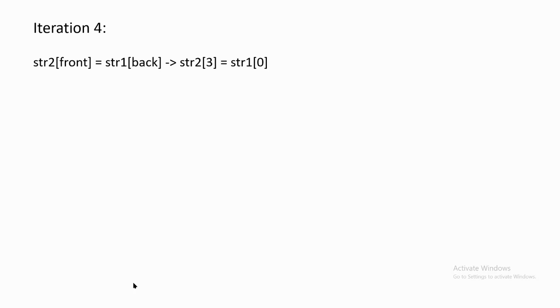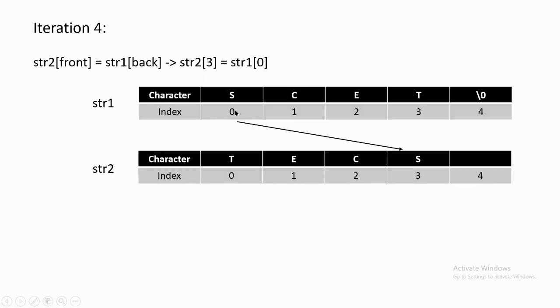Then iteration 4: the character at index 0 in string1 is copied to position 3 in string2. At index 0 we have the character s in string1 that is copied to position 3 in string2. So after all these 4 iterations, we got tecs, the reverse of string1, in string2.